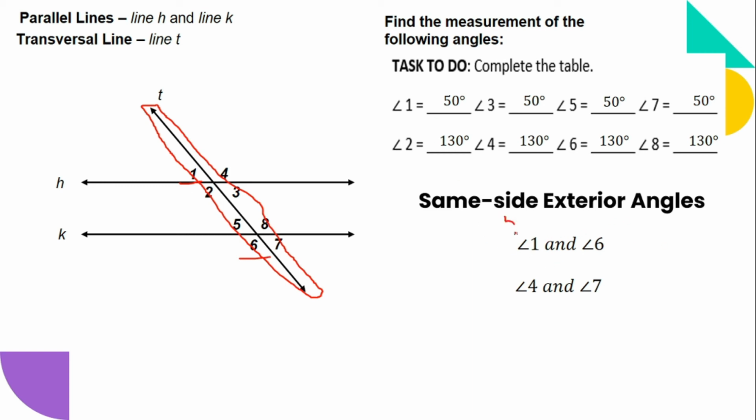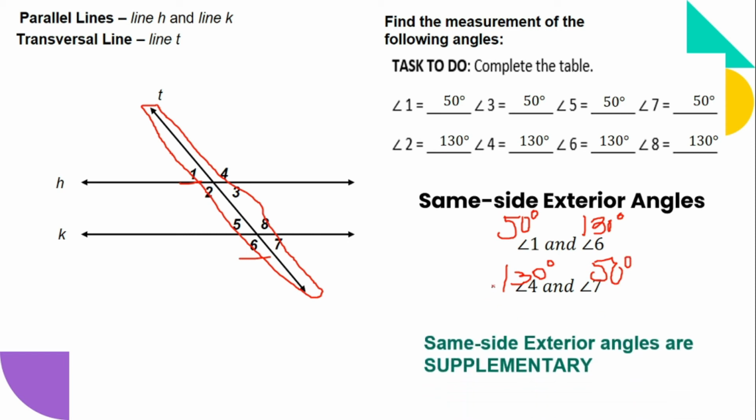Si angle 6 ay 130 degrees. So if we add these two, that is supplementary angle also. So we have 50 plus 130 is 180 degrees. Next is number 4, we have 130 degrees. At yung ating angle 7 ay 50 degrees. So therefore, they are also supplementary angles. So we can conclude now that same side exterior angles are supplementary.